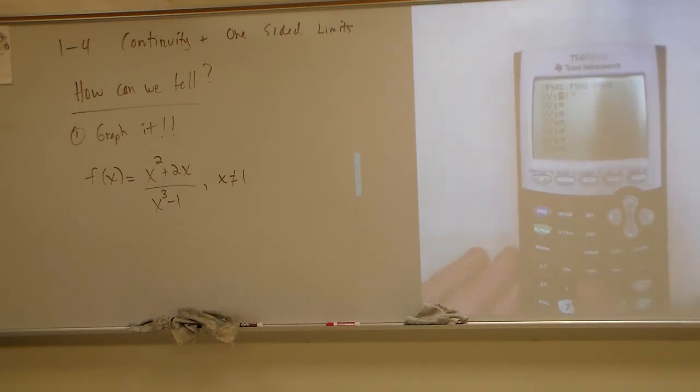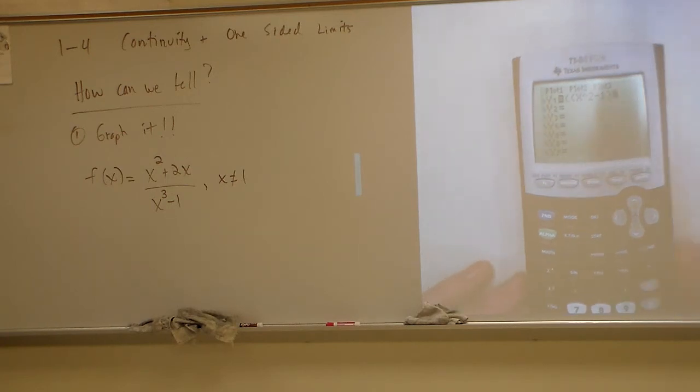I'm typing in parentheses x squared, and then I've got to go down. Oh, okay, x squared. I like this one. It's an old calculator. Minus 1 end parenthesis. Looks like I got too many parentheses there. Let's do that again. Parentheses x squared plus 2x, and then I'm dividing that by x cubed minus 1.